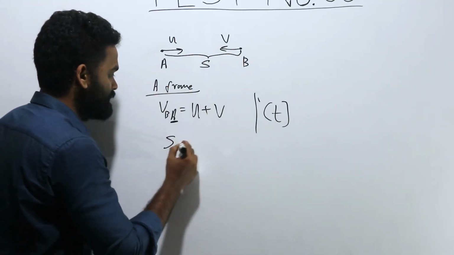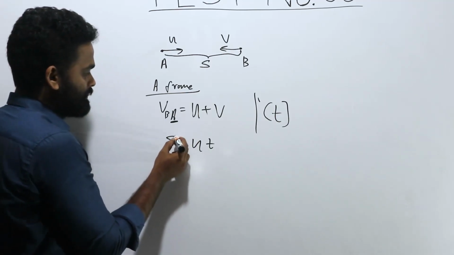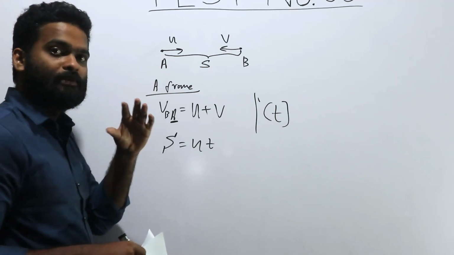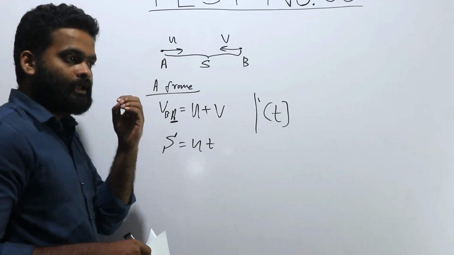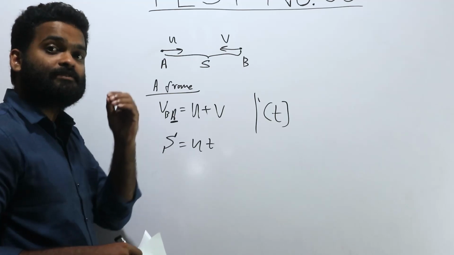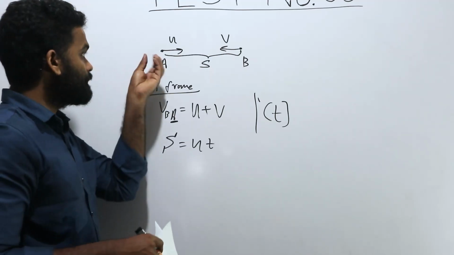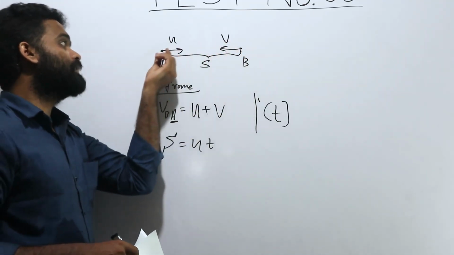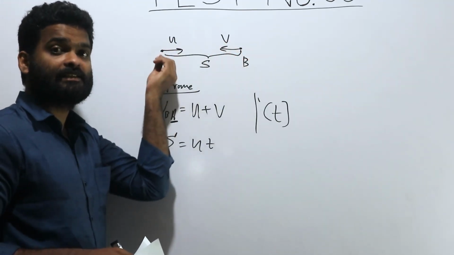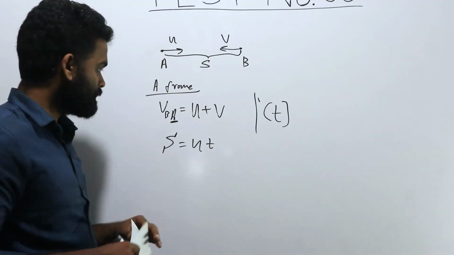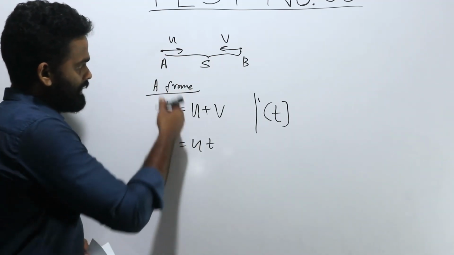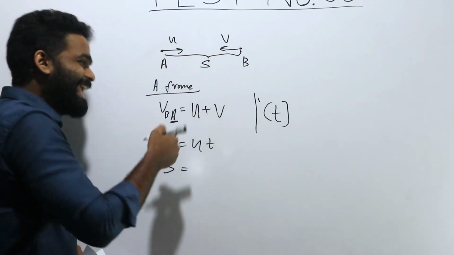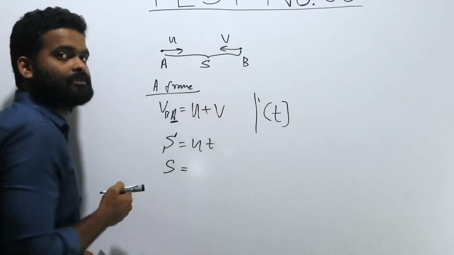Then if I apply S equals ut here, this displacement also is relative to A. Relative to A means as seen by A. You can think that as if A is stopped, B has to move from here to here, meaning distance S, in order to meet. So I am applying this equation in A's frame. So the distance that B has to move in A's frame is S.